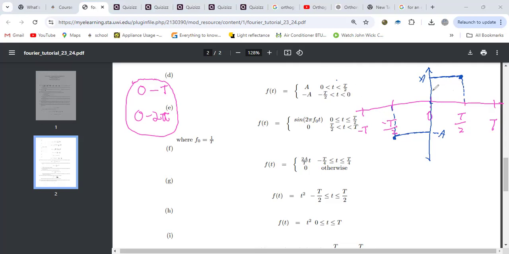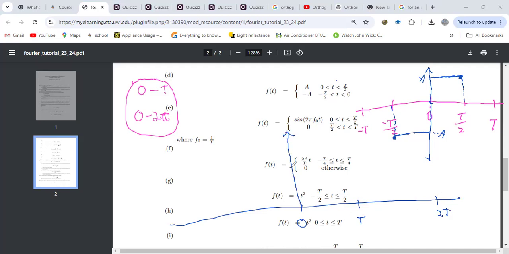All right, so this is what she gave you here. Let me extend it out so you can see. This is 0, so you have T and you have 2T here. I'm not going to care about the negative piece.